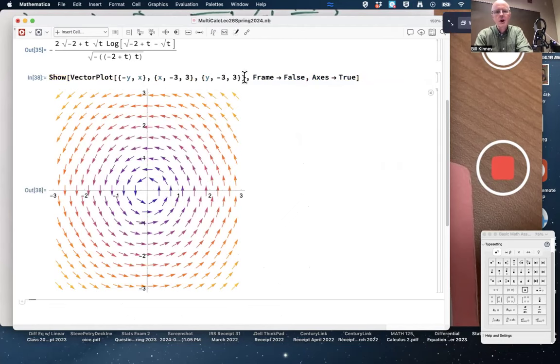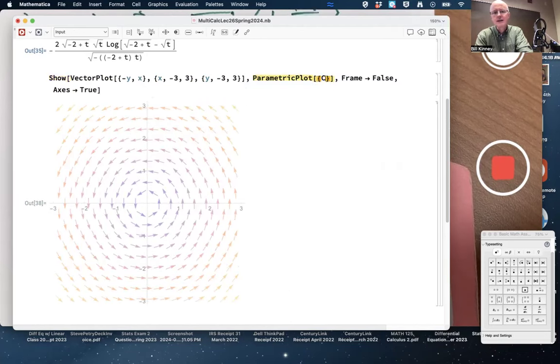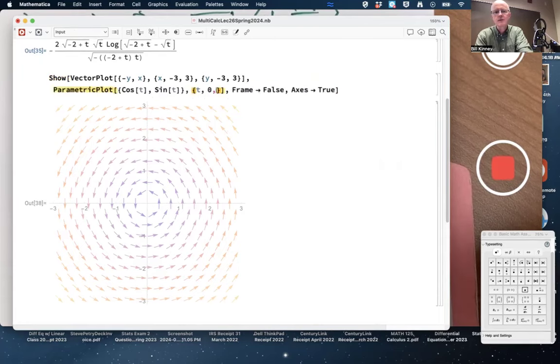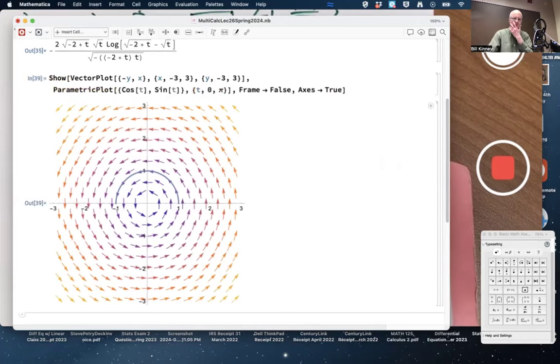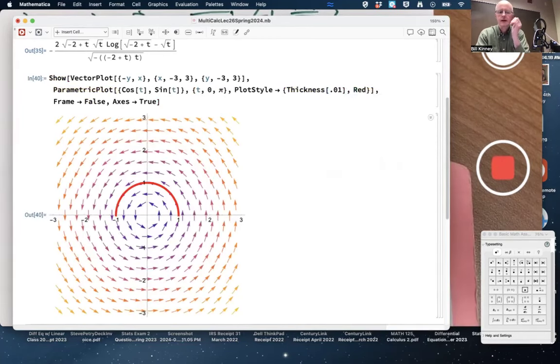Where is our parametric curve? Use parametric plot. I'll use the cosine and sine one. t goes from 0 to pi. There it is. Notice, since we're going around counterclockwise, the unit tangent vectors that we would get in our imaginations here would be parallel to the vector field, no matter where you are.